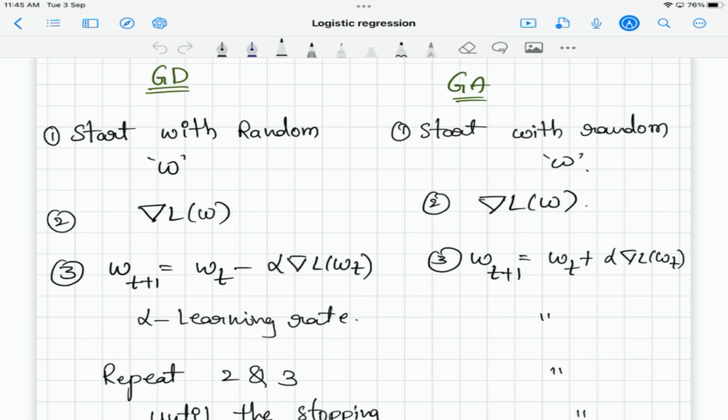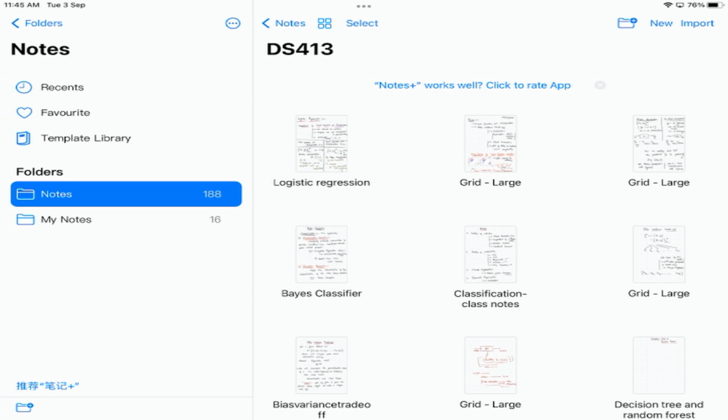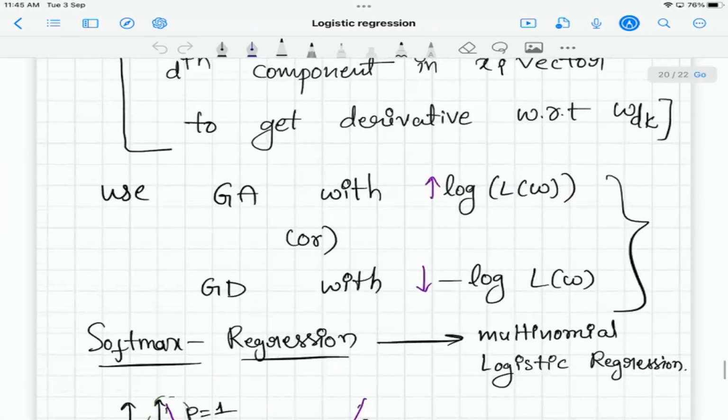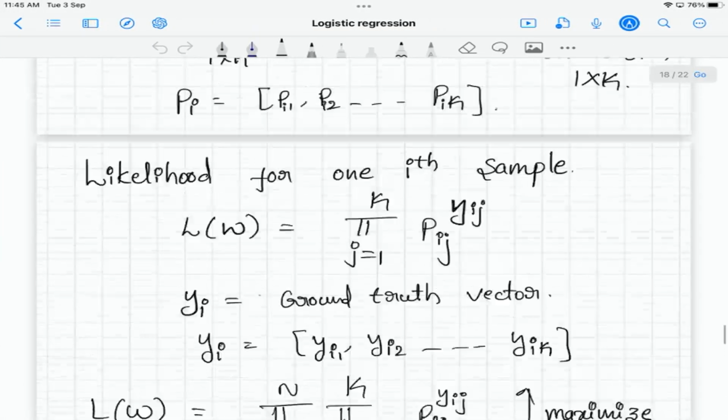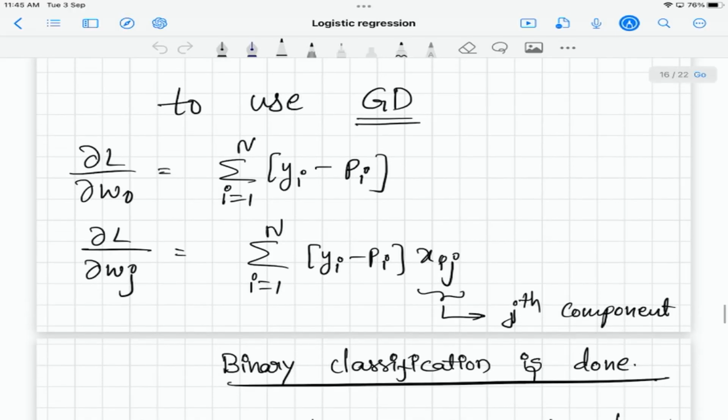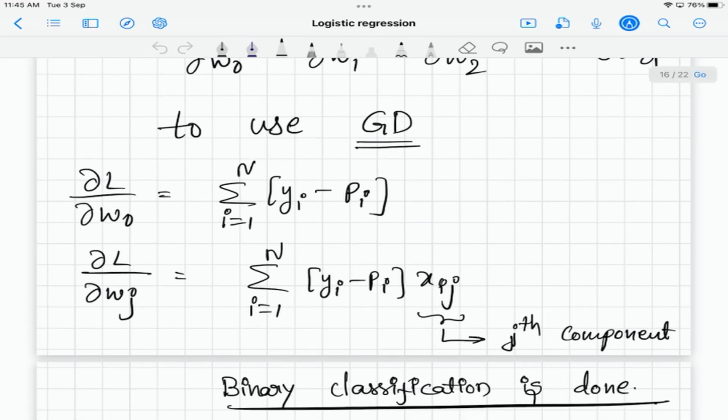Now if you have a k-class classifier and a d-dimensional data, then how will the gradients change? Okay, so that we'll see. For your d-dimensional case, you don't have simply W0 and W1, no? If you have d-dimensional data, you will have W0 till some WD.